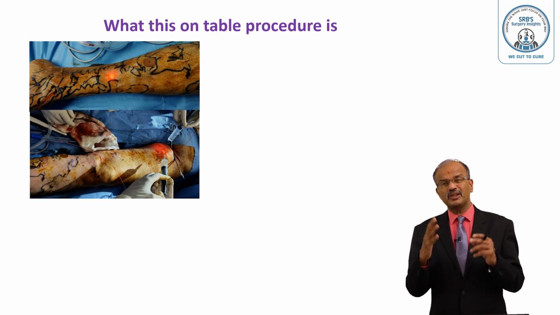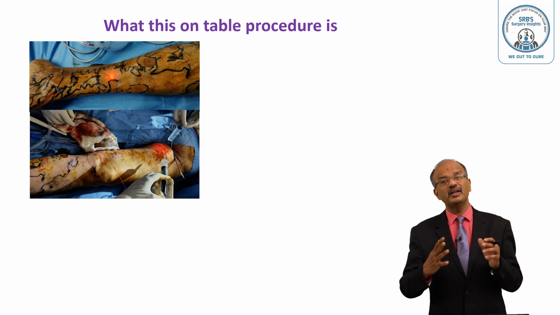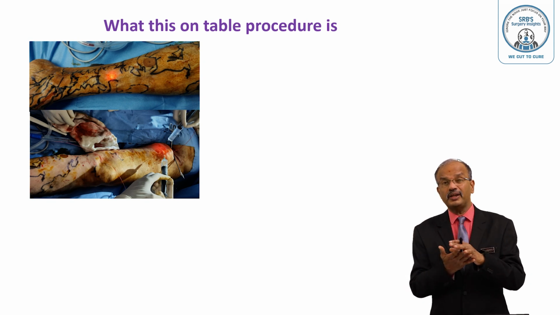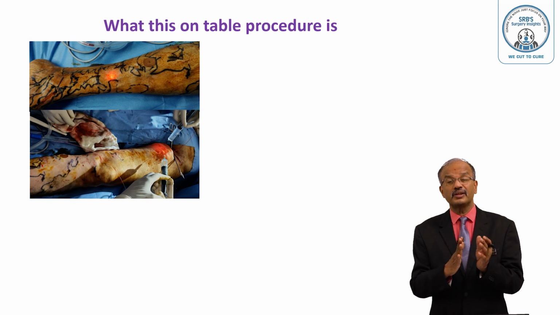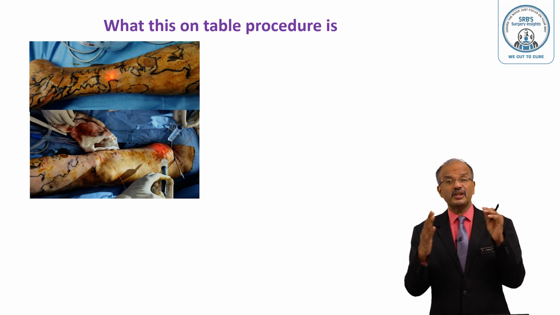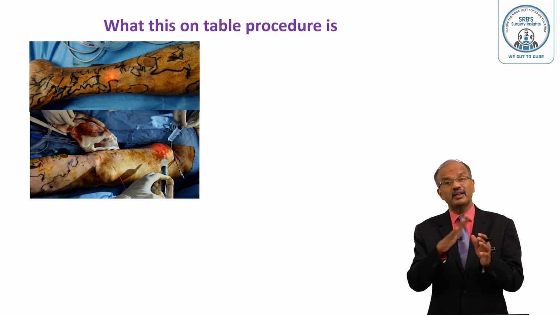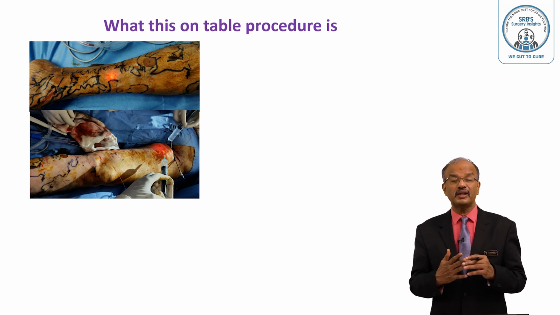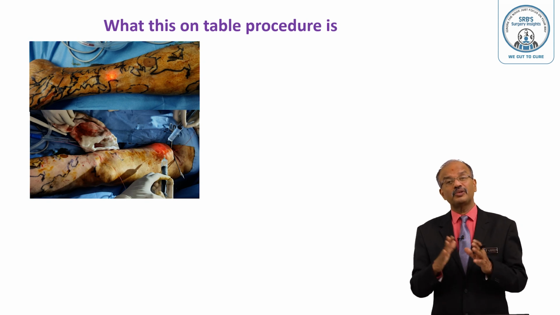You inject that into the point where you are firing, because it gives a tamponade. It prevents skin burn from the high heat under the vein. If you don't inject this normal saline, the heat will come and cause skin burn. So it prevents skin burn, and efficacy is increased, and you also get a tamponade.